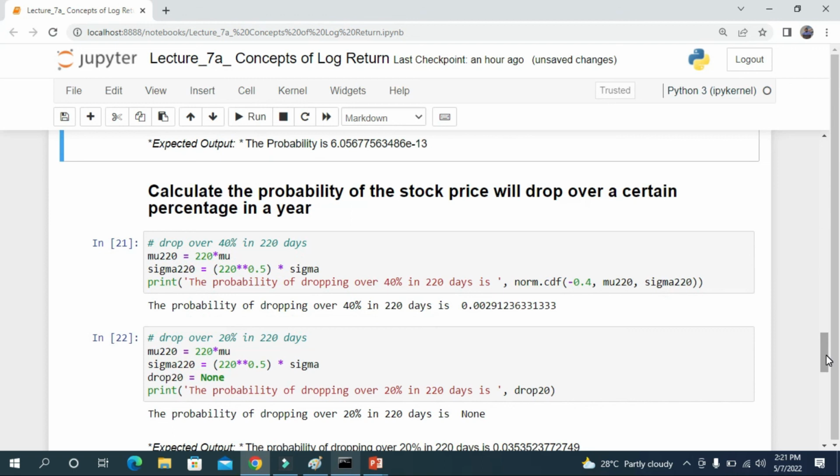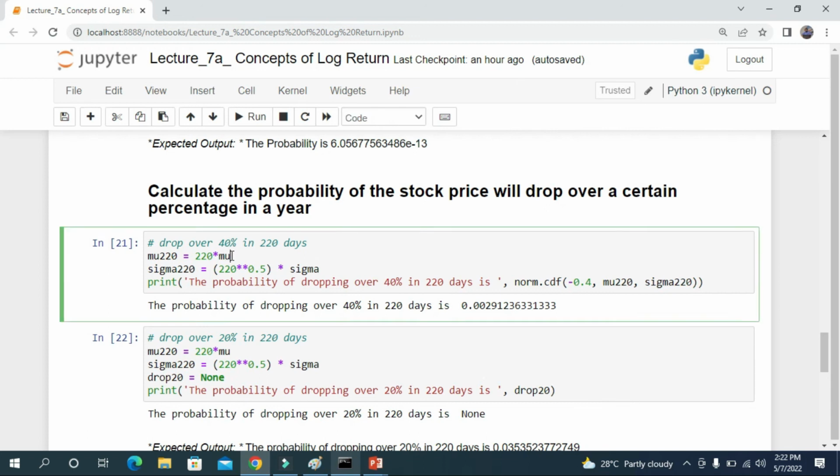And if someone asks what is the probability of dropping over a year which consists of 220 trading days, you can see we have written dropping over 40% in 220 days. So this is 220 multiplied by the mean calculated, and we have already calculated the mean using the logarithm, and this is the standard deviation.